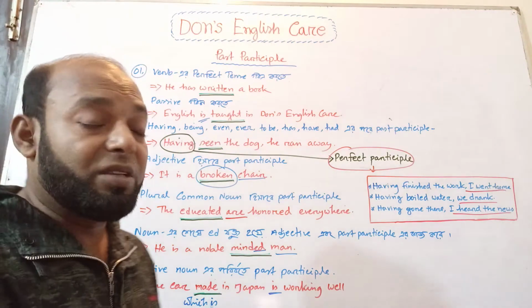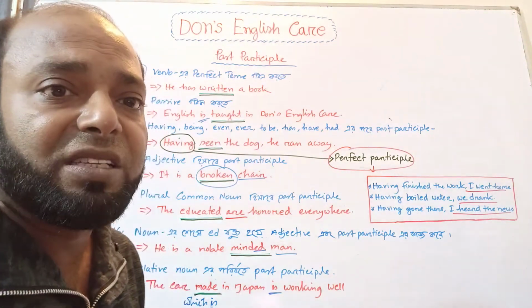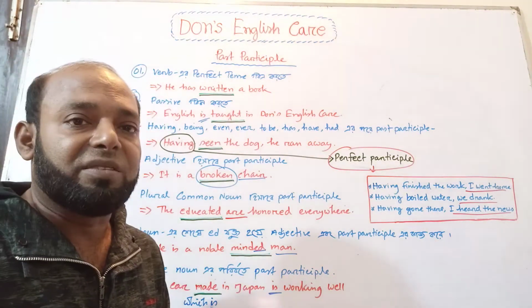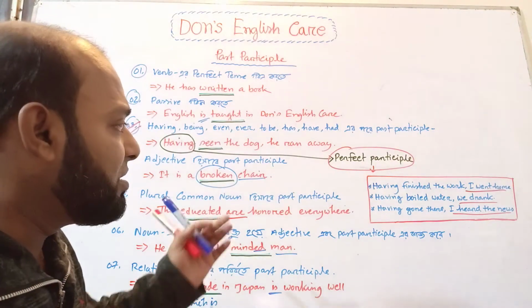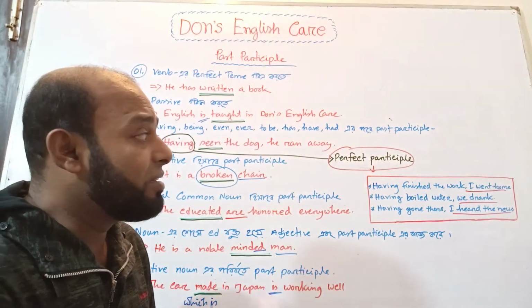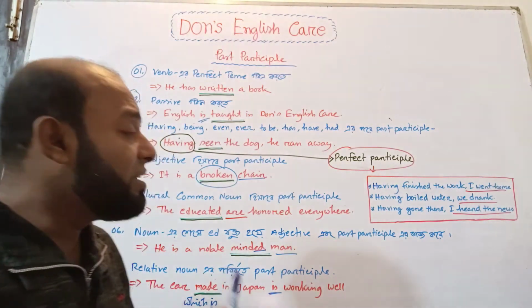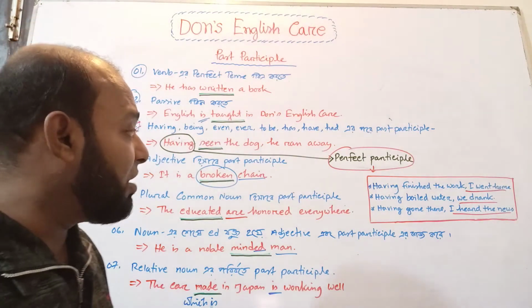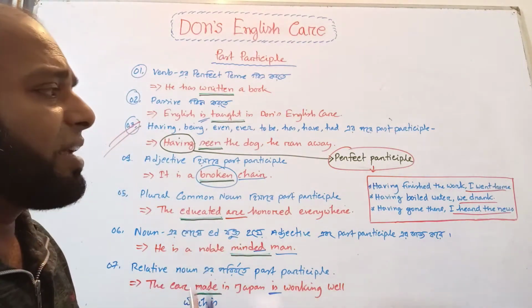And participle, what's the work of participle? Actually, participle works all the time as an adjective. Actually, this is a big important lesson, I mean teaching from myself, because this kind of grammar is not easily available.